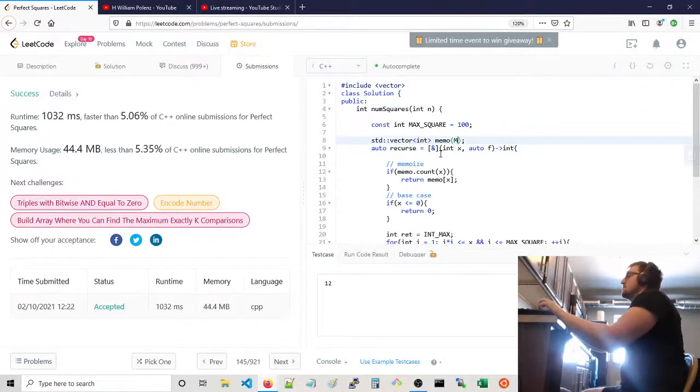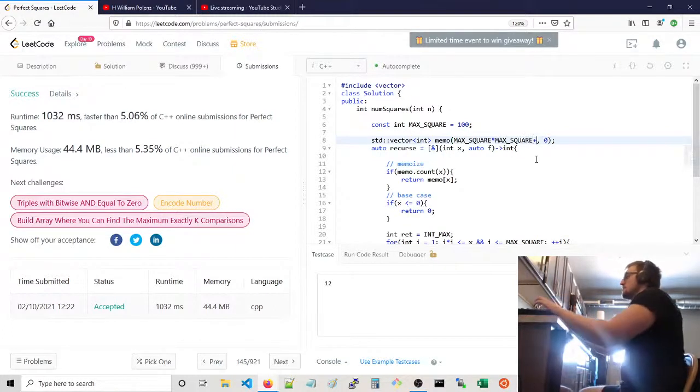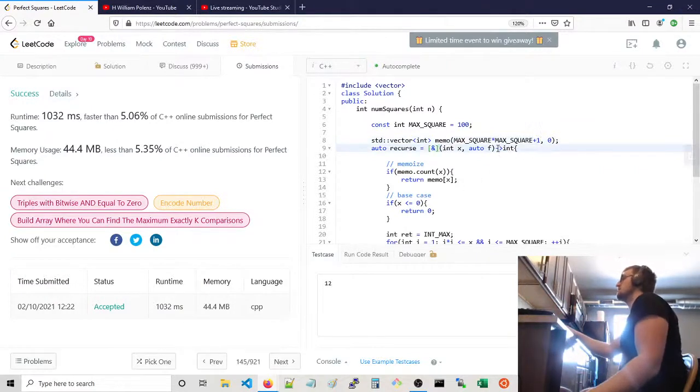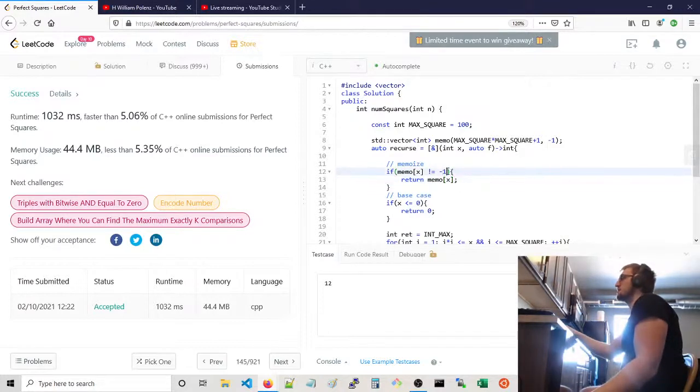We want something like this. And obviously all the values are going to be non-negative.